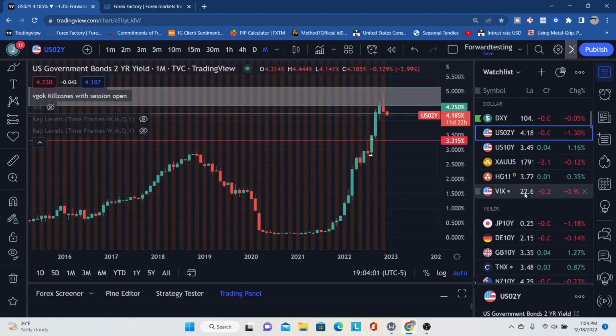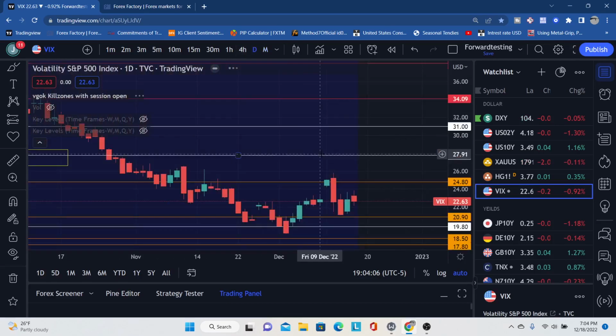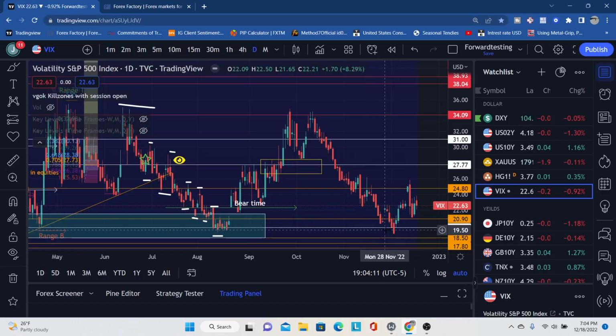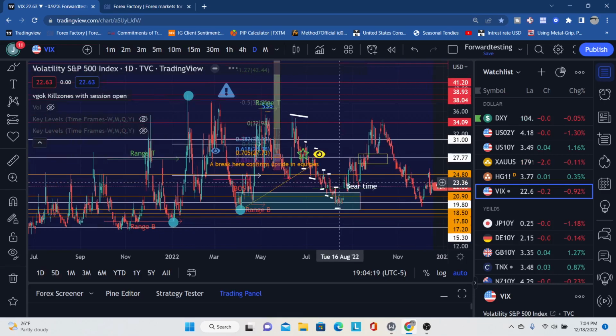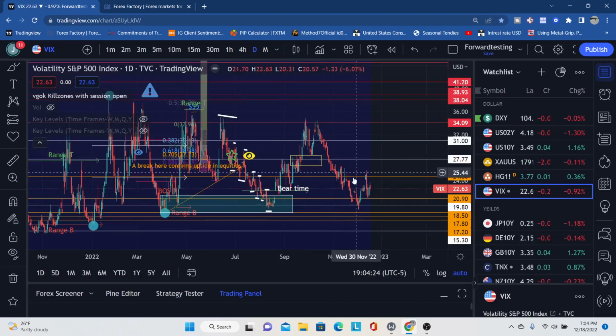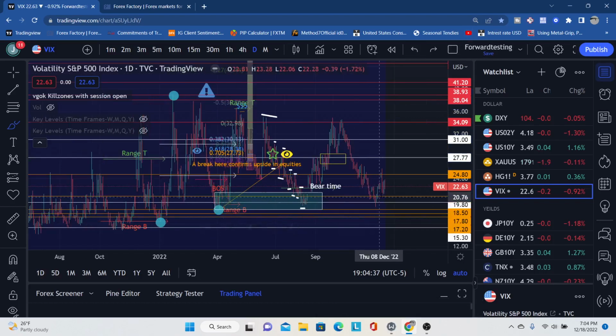And lastly, we'll talk about the VIX. So the VIX took this big leg down. It was hanging out around the $19, $20 level. Now it's got this big spike up reversal. I'm expecting it to make another big push up as it's reached this 20 level in a bear trend. While we're still in a hiking cycle, I'm expecting this to eventually come up here, at least to this 35 level, if not higher.